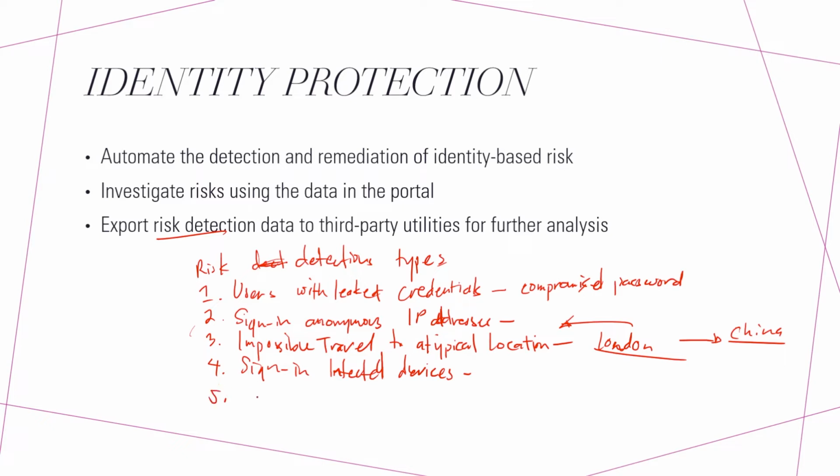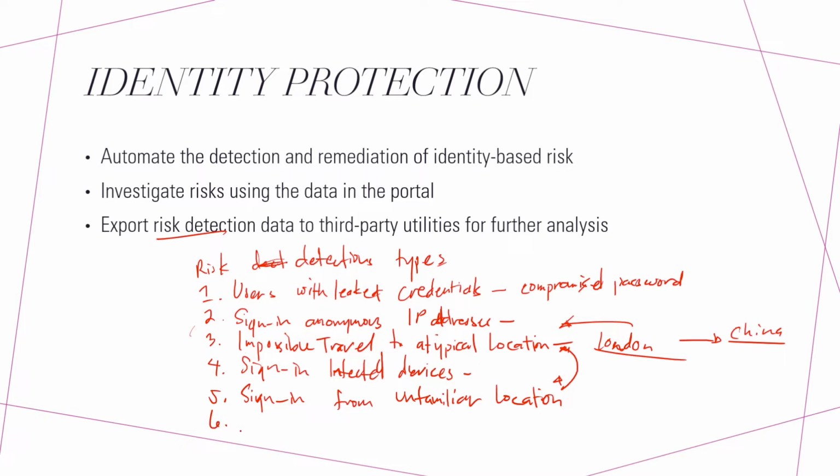Fifth type is sign-in from unfamiliar locations. These are detections which consider past sign-in locations such as IP addresses to determine new or unfamiliar locations. This kind of works with the impossible travel to atypical location.